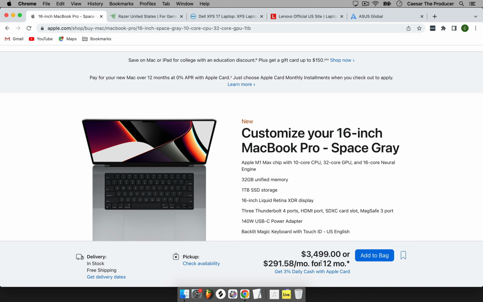The only thing to pay attention to is the interest rate, because it could be 0%, but there could be an interest rate with that. And if there is an interest rate, it means the price you're going to pay is going to be a lot more than the original price if you had paid from the get-go. Okay, so that is something to keep in mind.